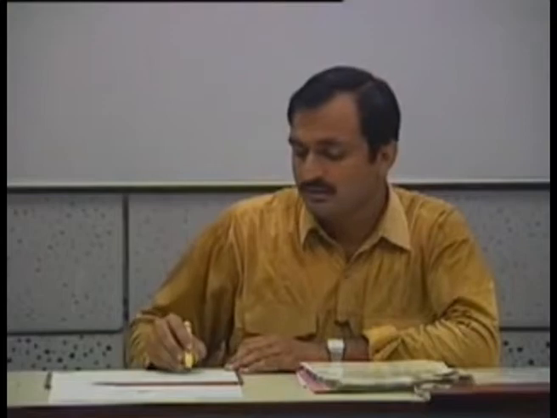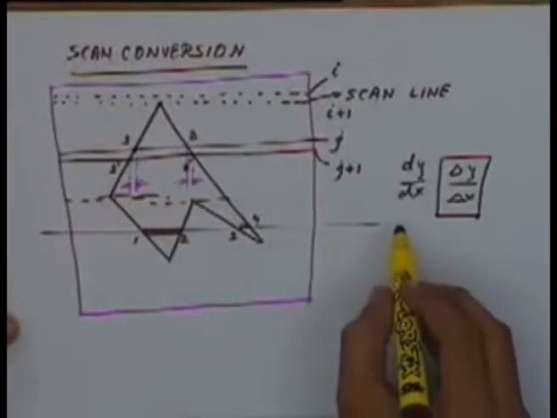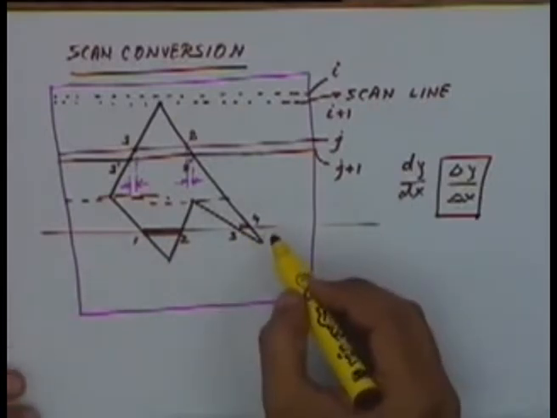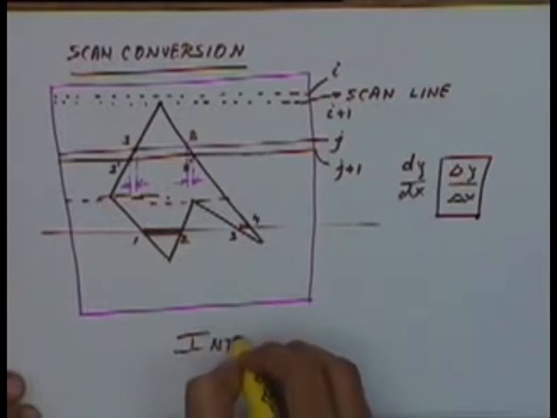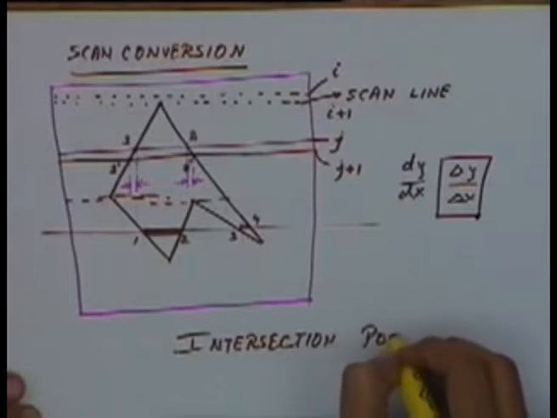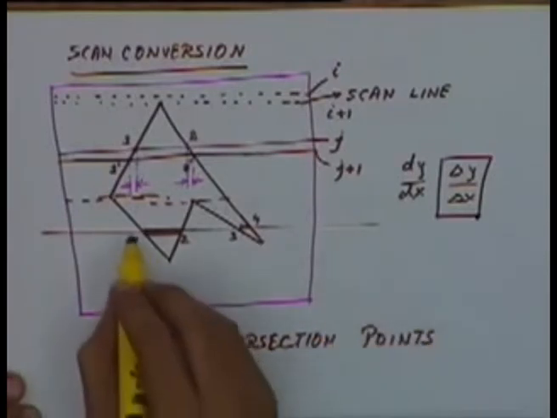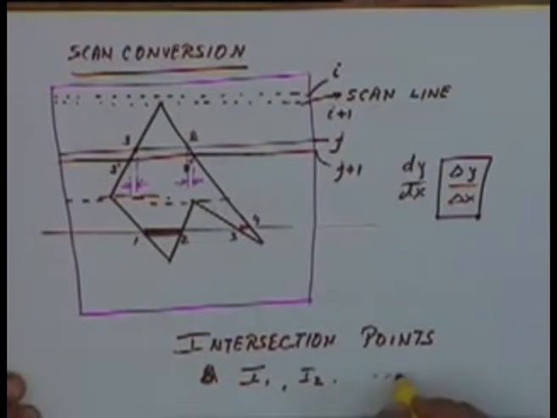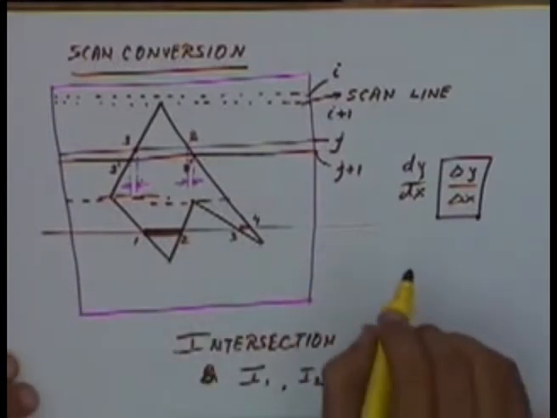At any point, if I know the set of intersection points on that scan line, let us call them I1, I2, and so on till In, that is 1, 2, 3 and 4, these are the 4 intersection points on a given scan line.